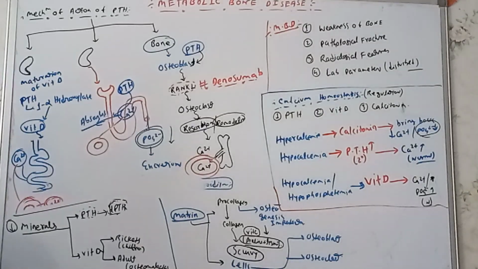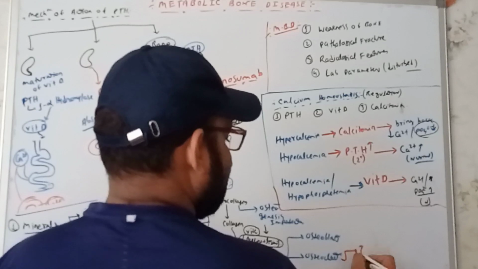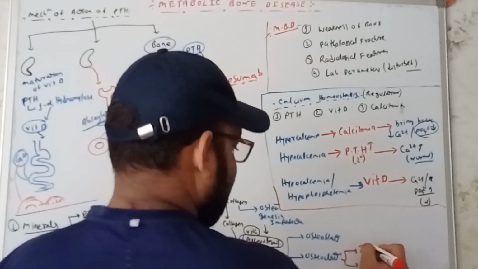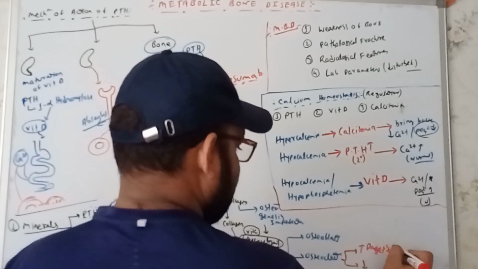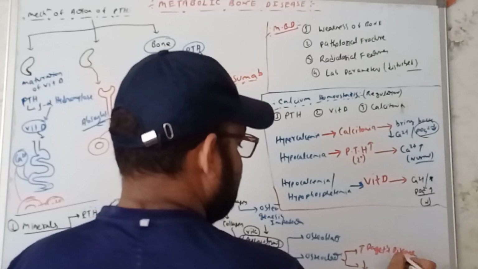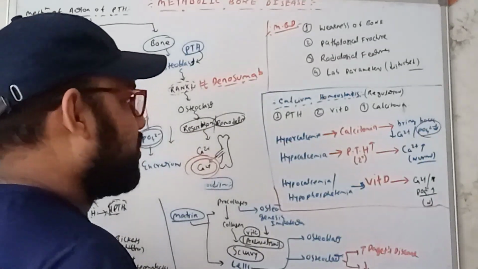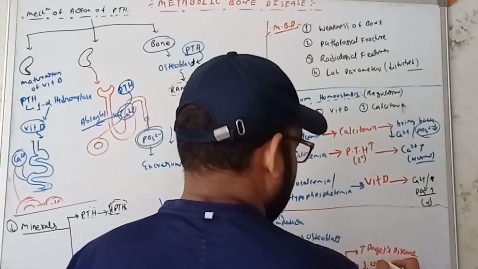Whenever the action of the osteoclast is increased, it will develop Paget's disease. Whenever the function of the osteoclast is decreased, it will develop osteoporosis.